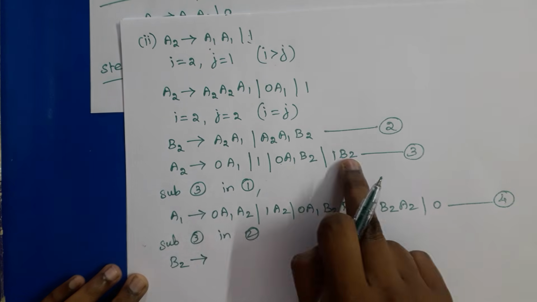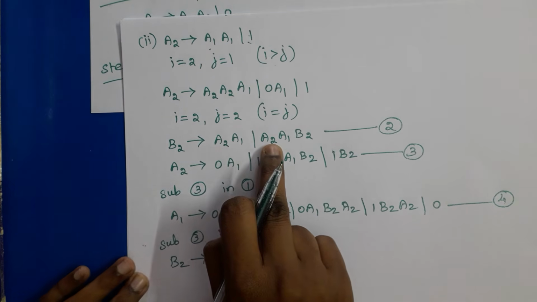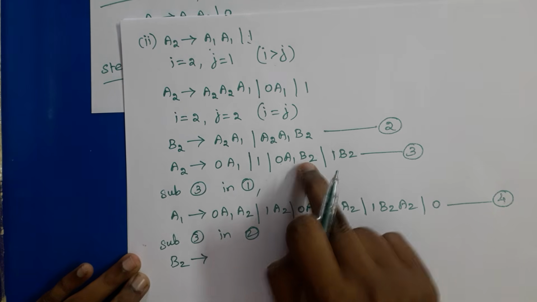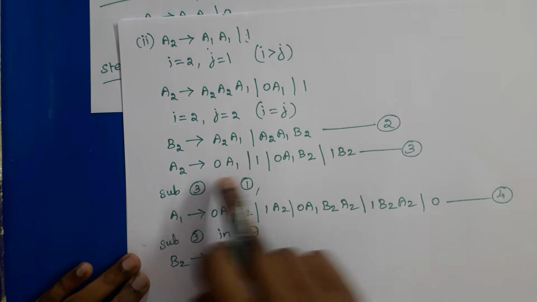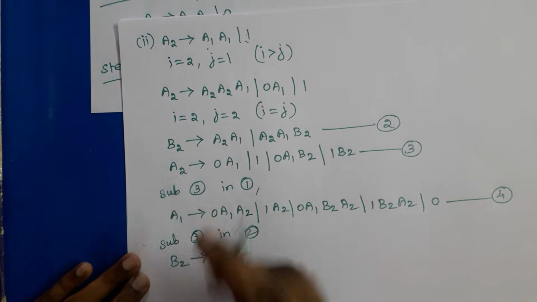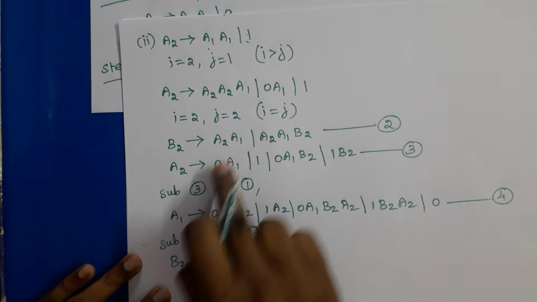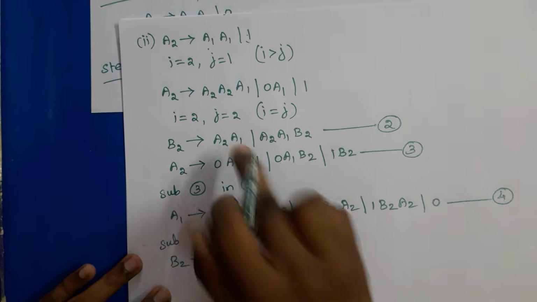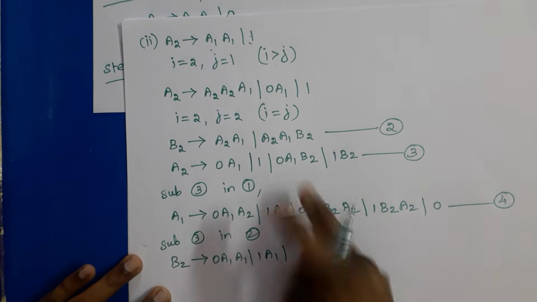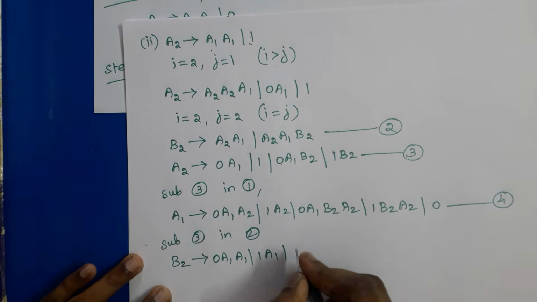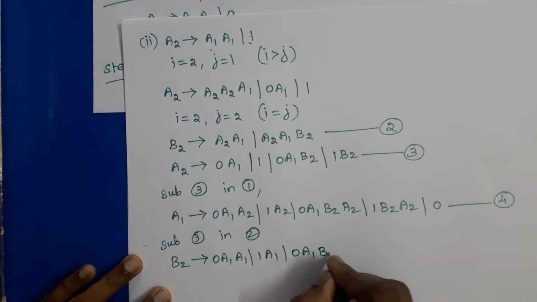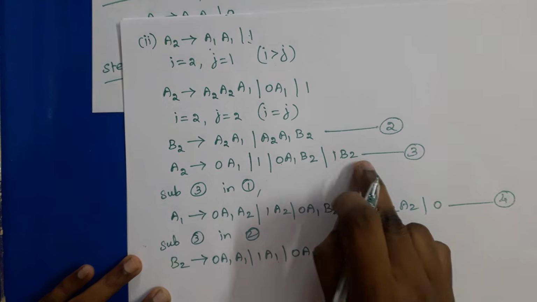Then we need to substitute all these 4 equations in the second production. So first I am going to substitute all these 4 here. So 0, A1, A1, 0, A1, and this A1 I have to write. Then 1, A1, then 0, A1, B2, A1, then 1, B2, A1.